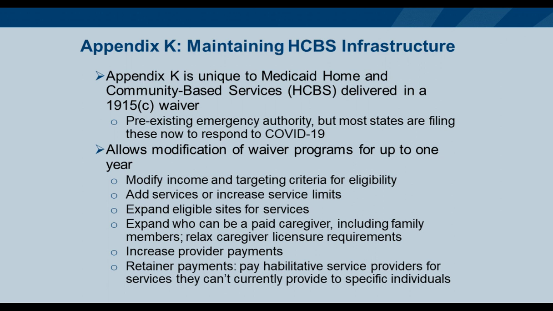States can also add new services to be covered within the waiver or increase the limits on existing services within the waiver. They can expand the eligible sites for services to have more types of providers able to provide them. Expand who can be a paid caregiver under a waiver, including family members, as well as relaxing caregiver licensure requirements, again, with the aim of maximizing the availability of providers in the community.